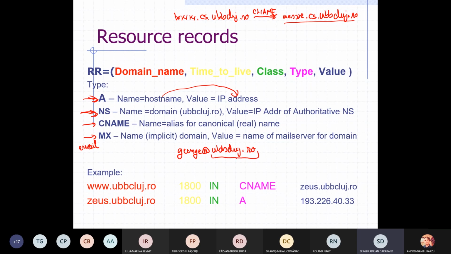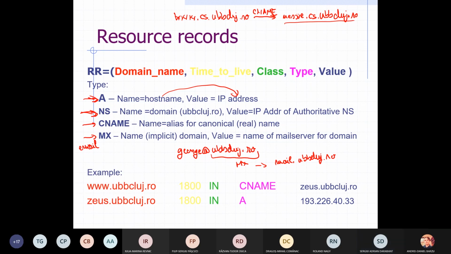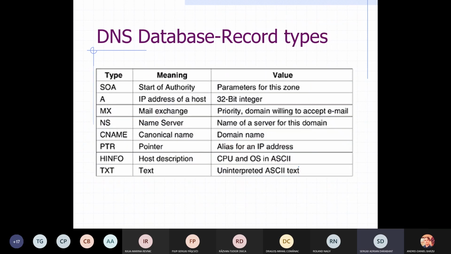Well, the MX record will give me something like mail.ubbcluj.ro, and that means whenever I deliver mail to this user here, I need to deliver it to that server in order to be actually forwarded to the real user, which is behind that name.